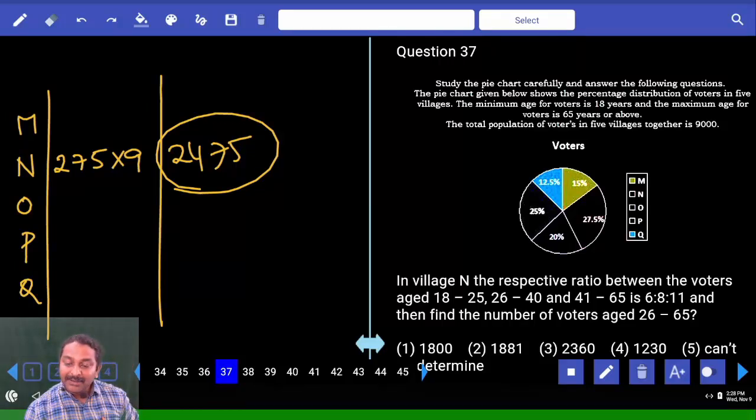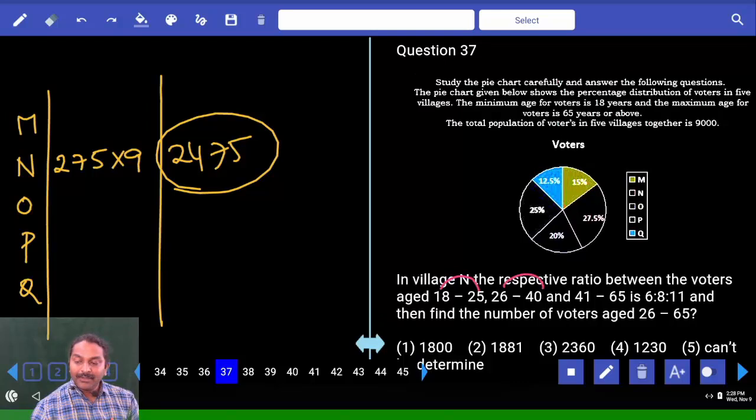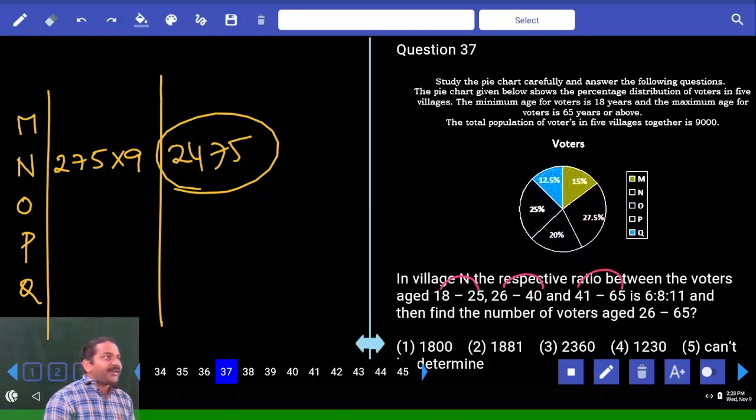But here when you look at the question, 18 to 25, 26 to 40, 41 to 65, one is missing. 65 and above ages are not covered here. So you cannot call 2475 equal to 25 parts.